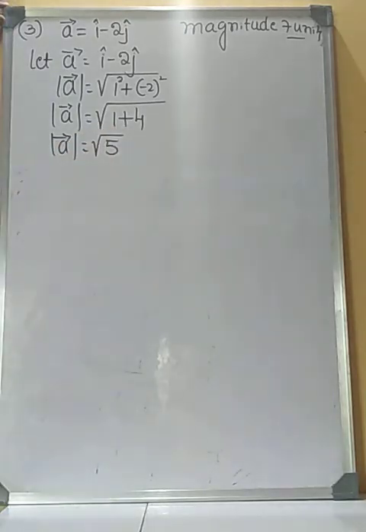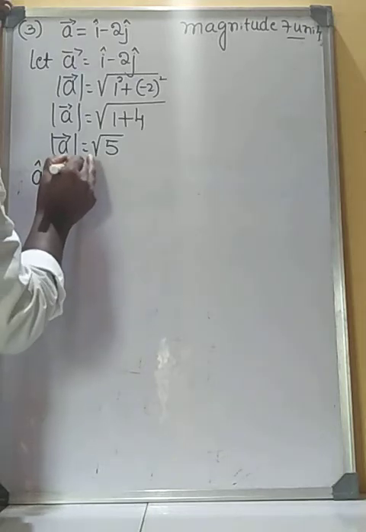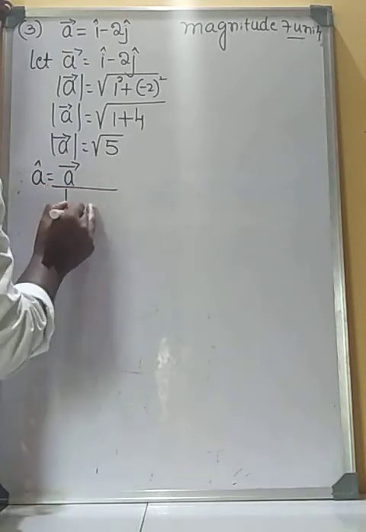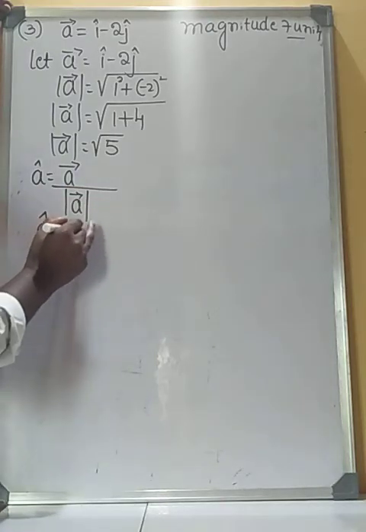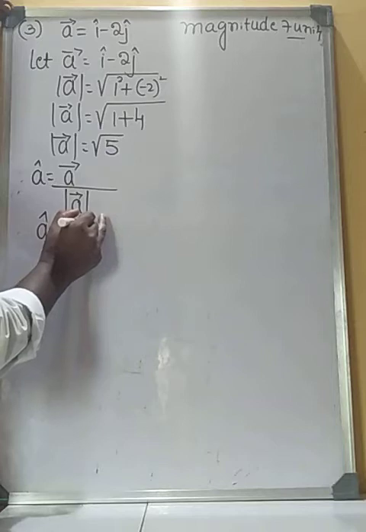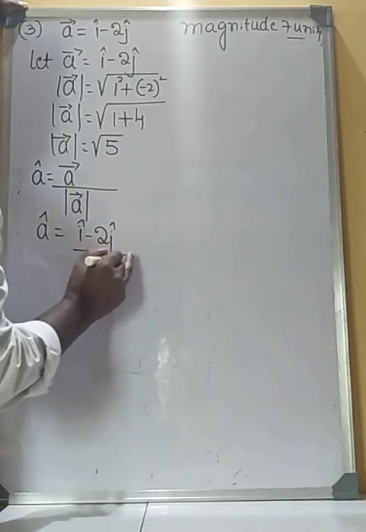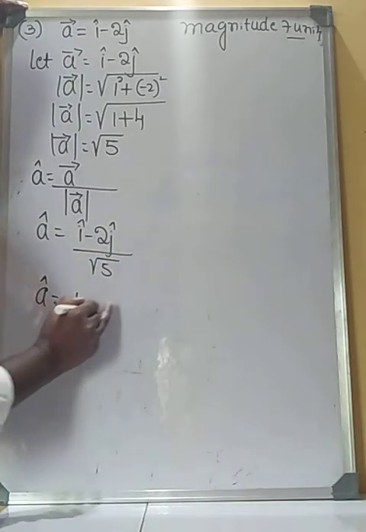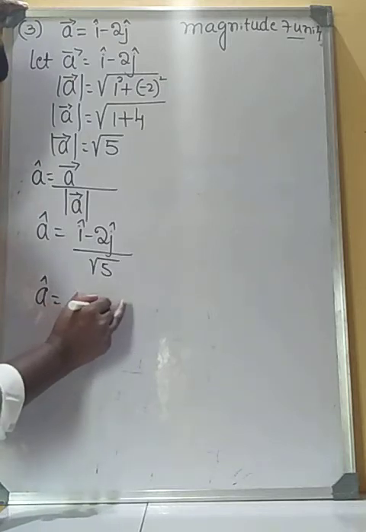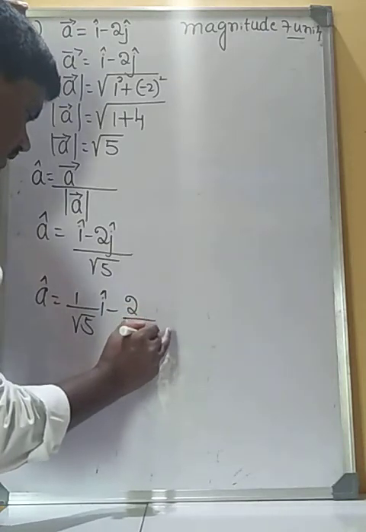Now the unit vector in the direction of vector A is given by A cap is equal to vector A divided by magnitude of vector A. Therefore A cap is i minus 2j divided by square root of 5, which is 1 by root 5 i minus 2 by root 5 j.